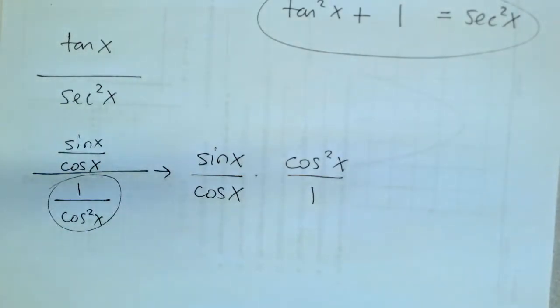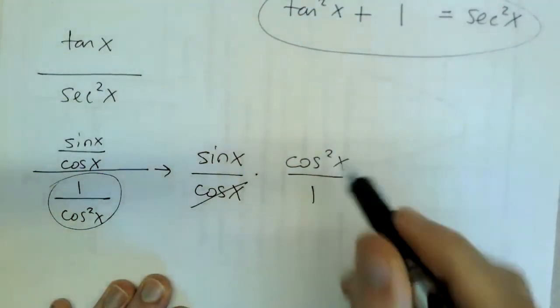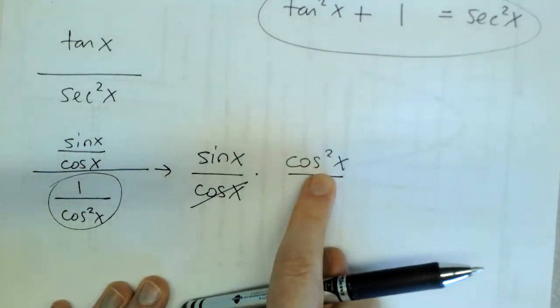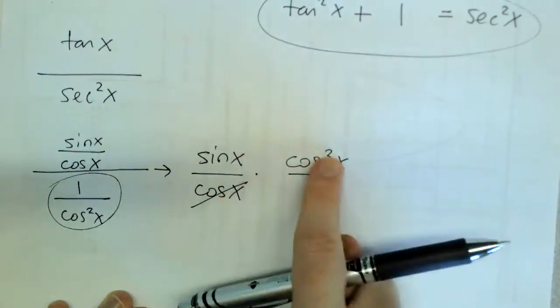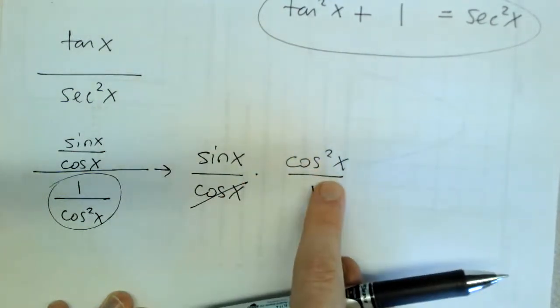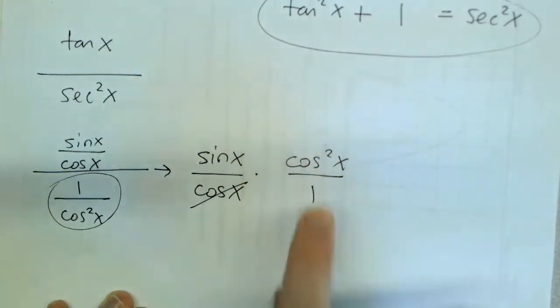And now what do you notice? Oh, right. Levy? Yeah, the cosines cancel. I saw you making a gesture. I mean, there's 2 copies of cosine here, right? So after canceling this common factor of cosine, you're still going to be left with 1 factor of cosine, right?